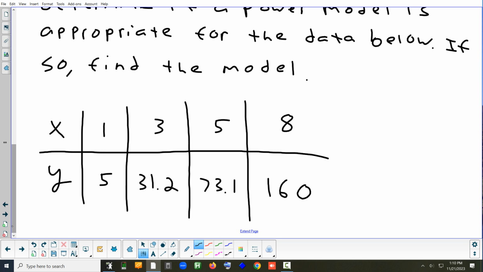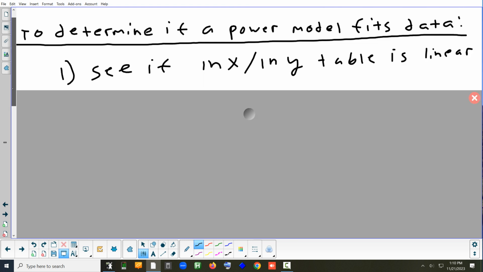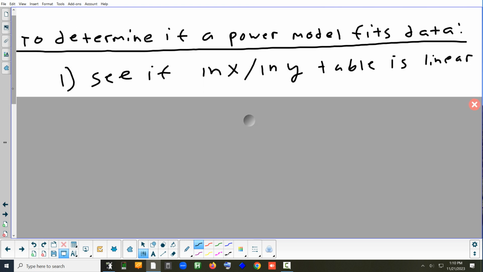There's a quick way to do it so you don't have to press ln 1, enter, ln 3, enter. But you need the ln of every number in that table, and we're going to put those answers off to the side. Step one is we're going to make a new table, and it's going to be all the values that were in the old table after you take their natural log.